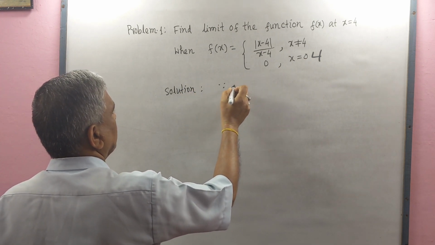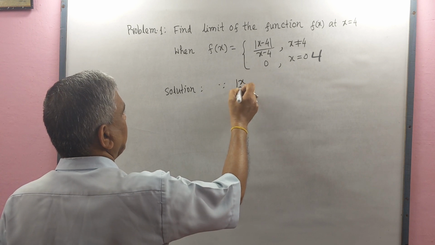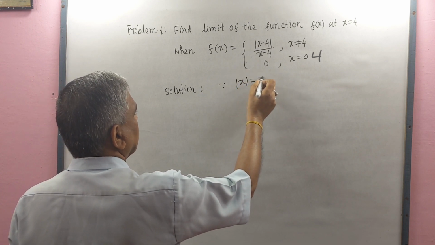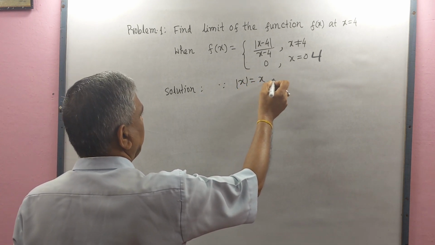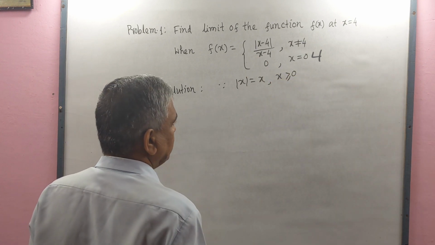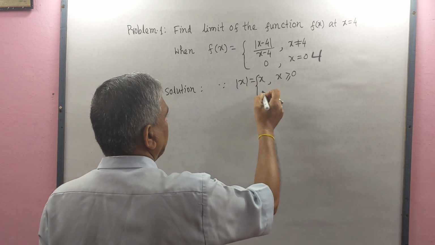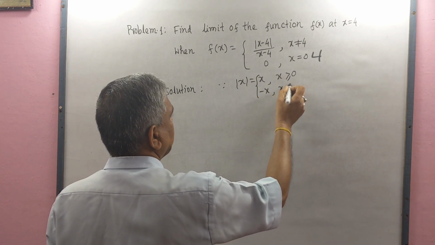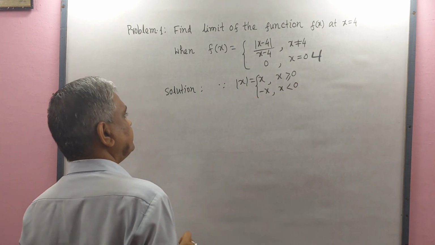Since we know that modulus of x equals x for x greater than or equal to 0, and this is minus x for x less than 0.